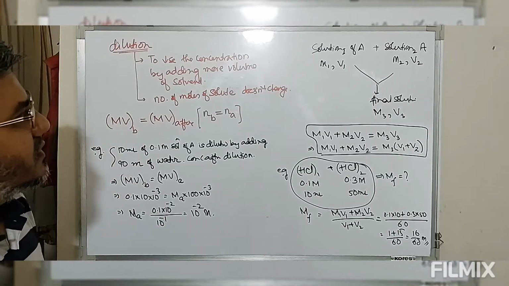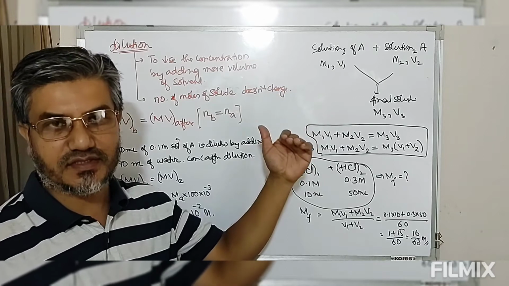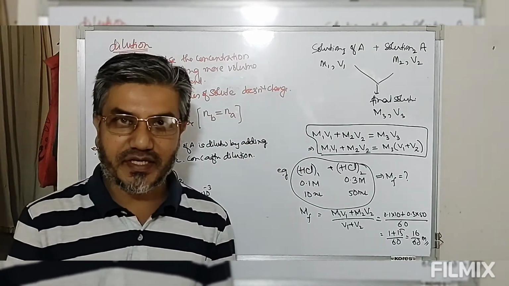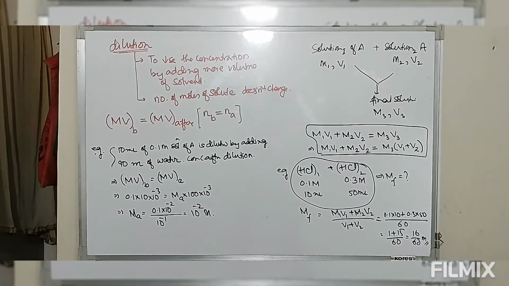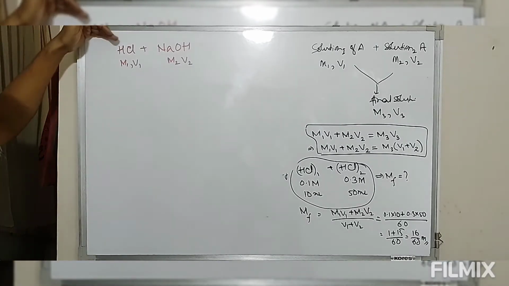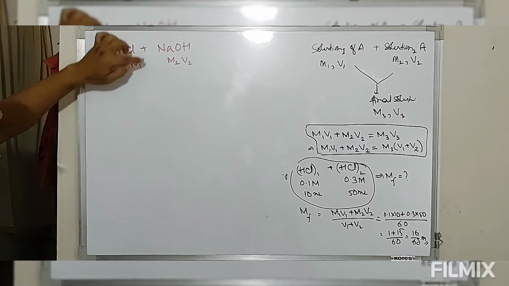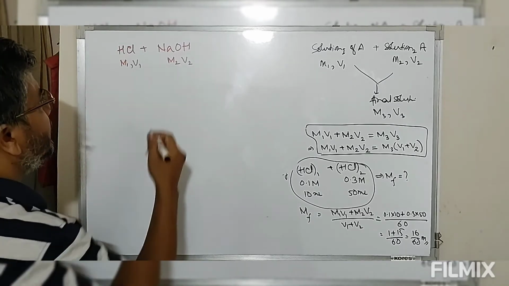So this is regarding mixing of two solutions of the same substance. Suppose there is a mixing of acid and base, then let's see how we can find the final concentration of acid or base. Now suppose we have a mixture of acid and base. Acid has molarity M1, volume V1, base has molarity M2, volume V2.